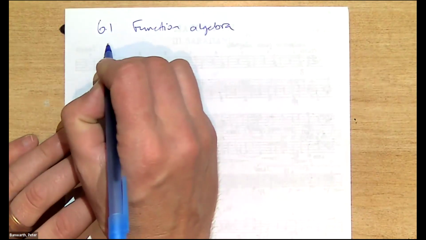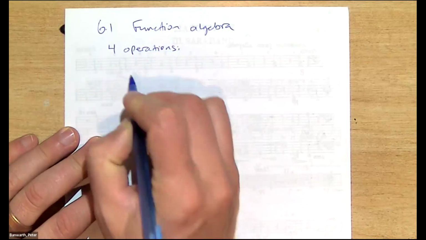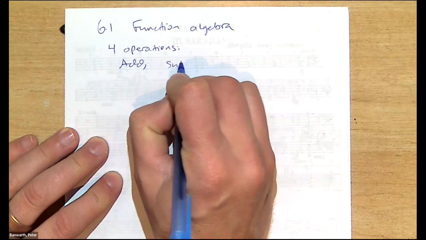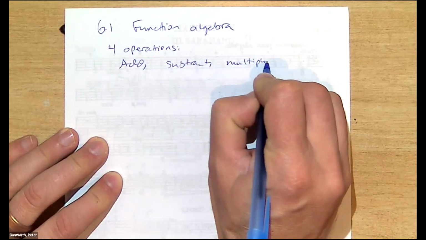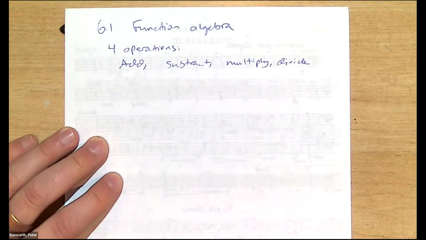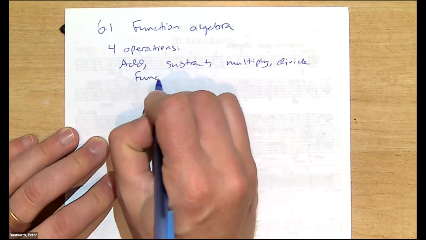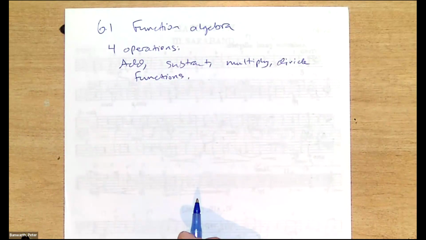In this chapter, we do 4 types of operations. We add, subtract, multiply, and divide functions. Part of this, I think, is just getting used to the notation.